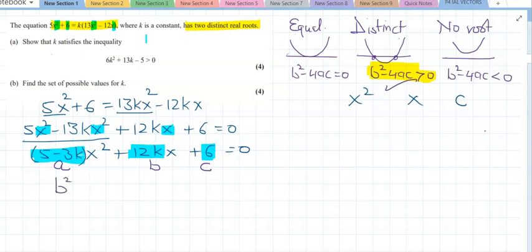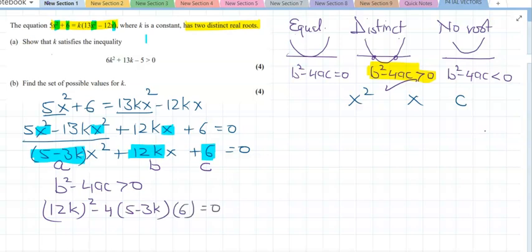So b is 12k, I will not do the square and just write 12k square, minus 4, a is 5 minus 13k, and c is 6, that is greater than 0.